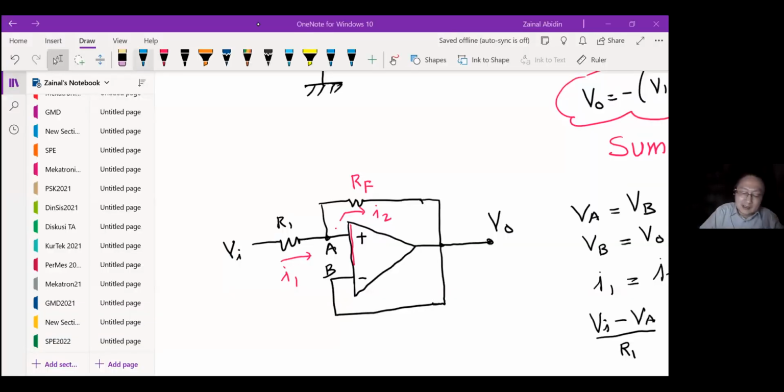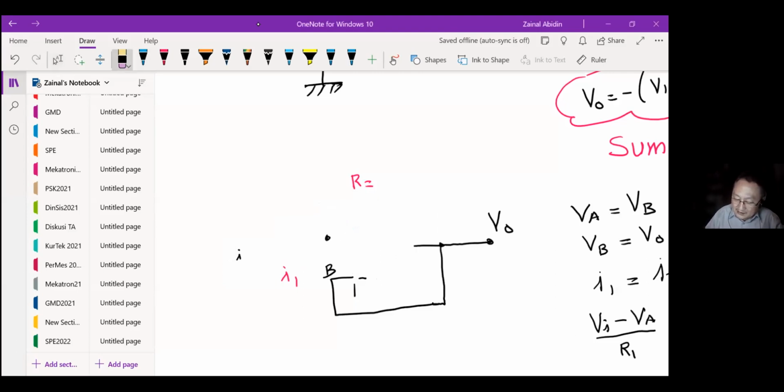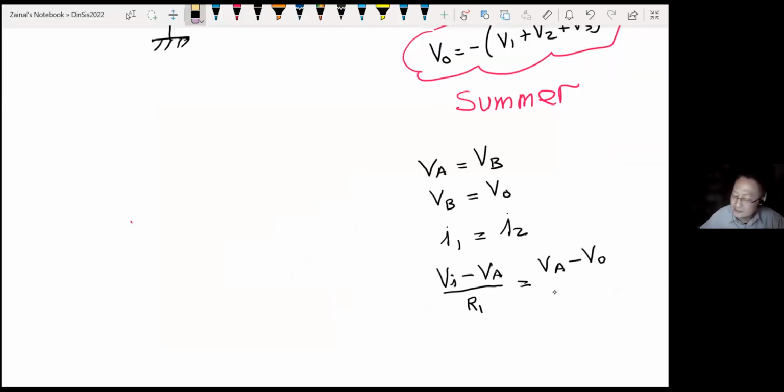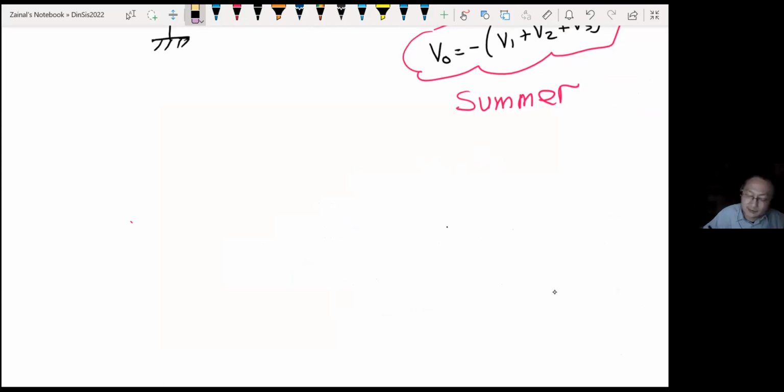This one is something like this one. Okay. This one, non-inverting amplifier. There are various circuits which can be used, but I want to show you the non-inverting amplifier. Now look at this one.